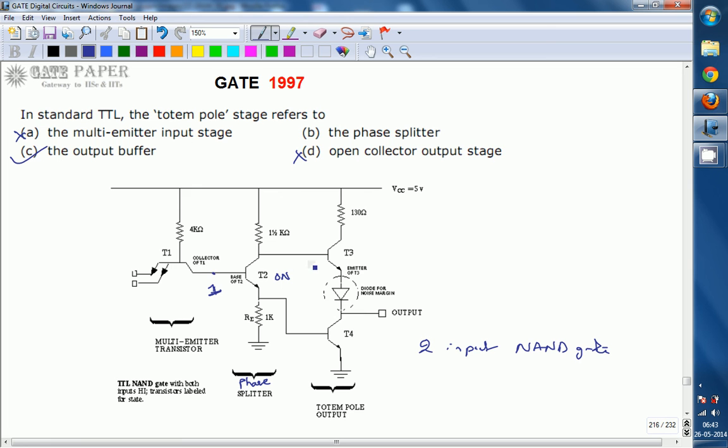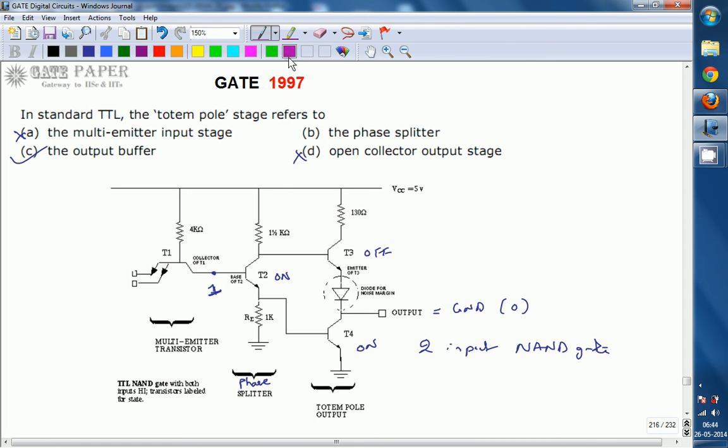Whenever T2 is on, T3 will be off and T4 will be on, so that the output will be equal to ground, that is, 0 volts. So the input present at T2 gives exactly the opposite output. If you give 1 at the input, the output of this TTL is going to be 0.